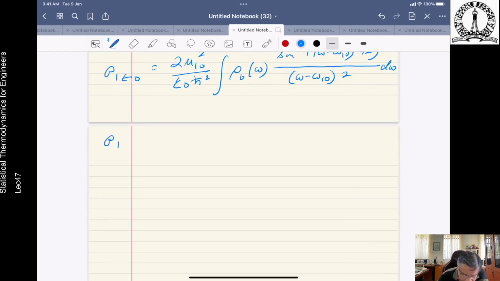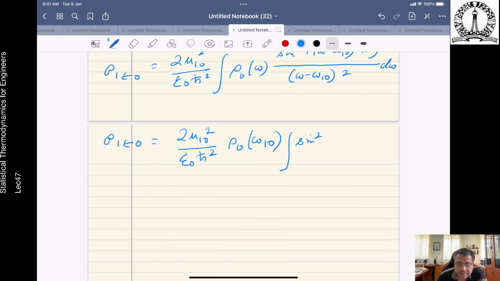Therefore P10 is written as 2 mu 10 square over epsilon naught h bar square, rho v omega 10, integral of sine square omega 0 by 2, d omega.